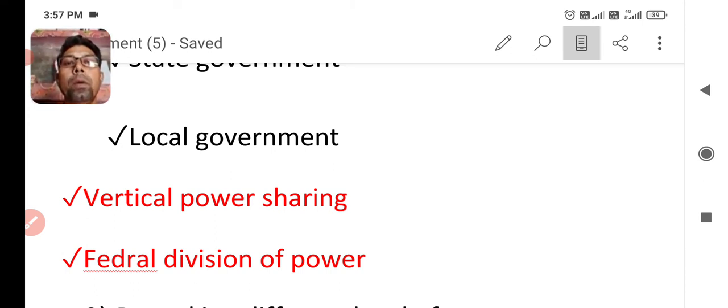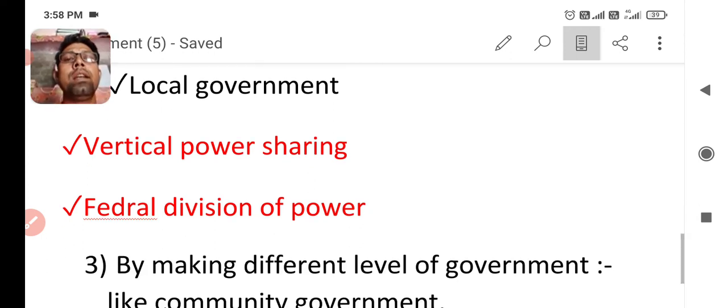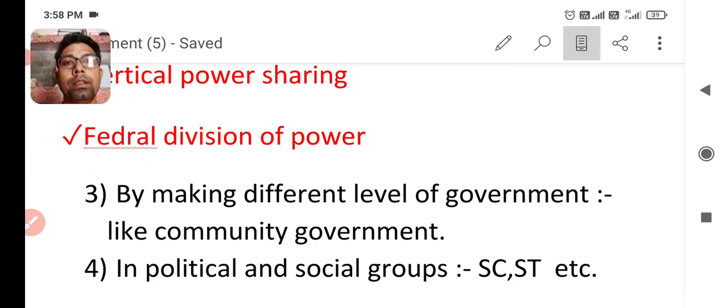This type of power sharing is also known as federal division of power, because the central government, I mean the federal government, shares its power with state and local governments. We shall learn it thoroughly in lesson number 2, named Federalism. So this system is also known as federal division of power.